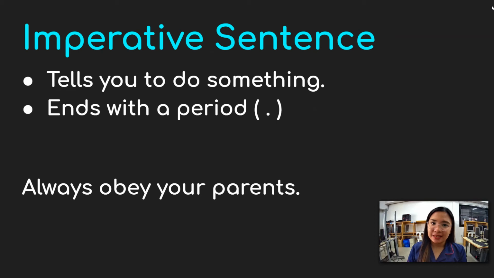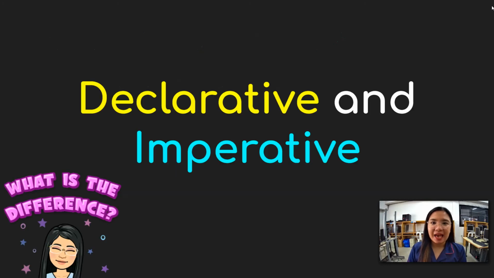An imperative sentence tells you to do something. It can either be in the form of a command or a request. This one, same as with the declarative sentence, also ends with a period or a dot. For example, always obey your parents.